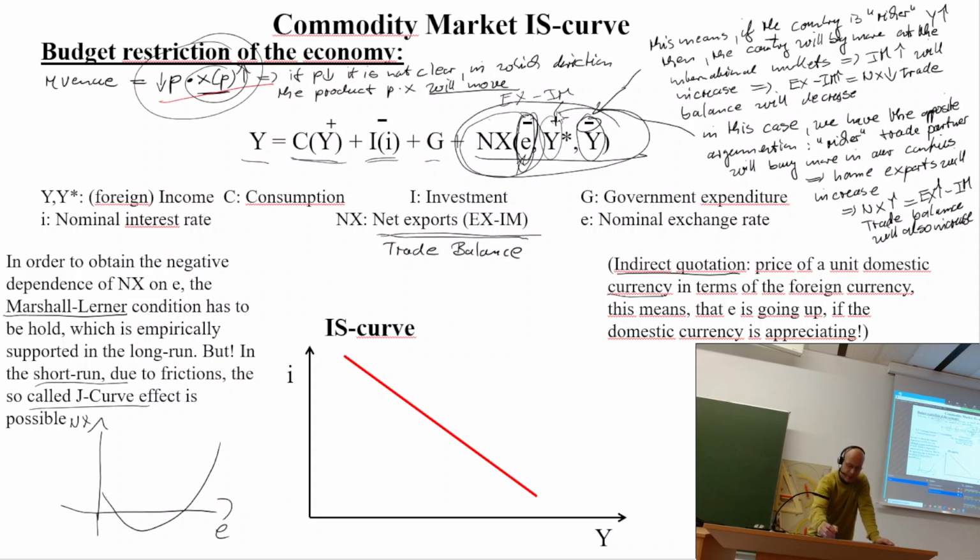And the other way around, if the country abroad is richer, then they are buying more goods from our country, and therefore our exports would increase, and thus we have a positive dependence.